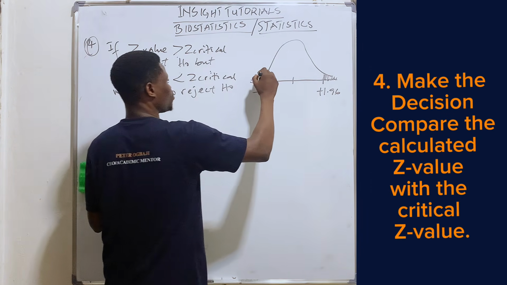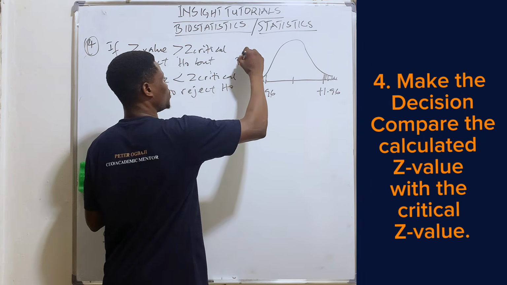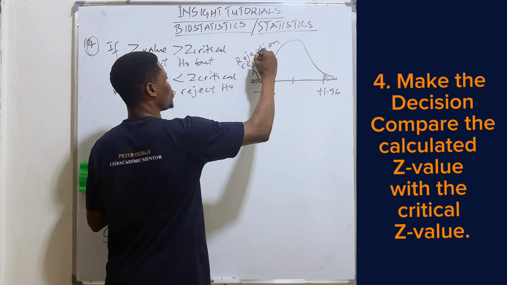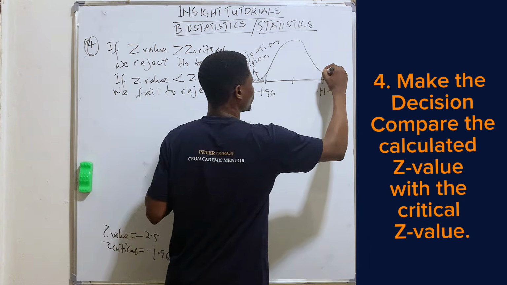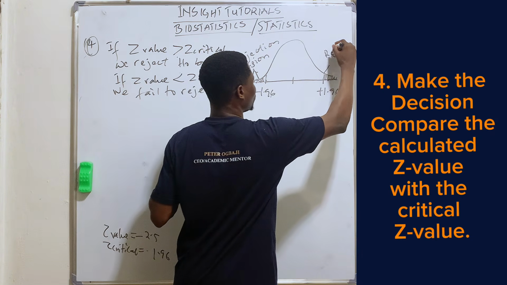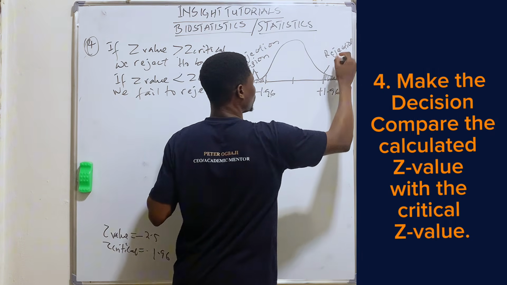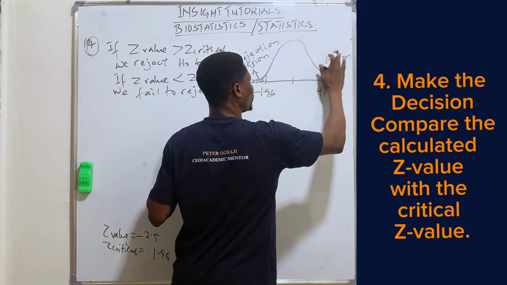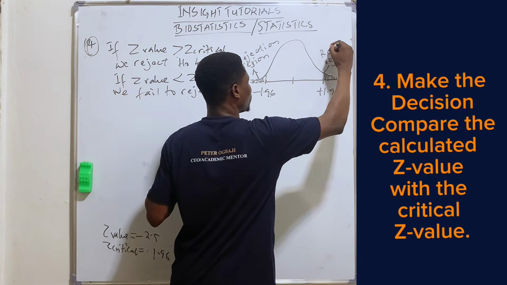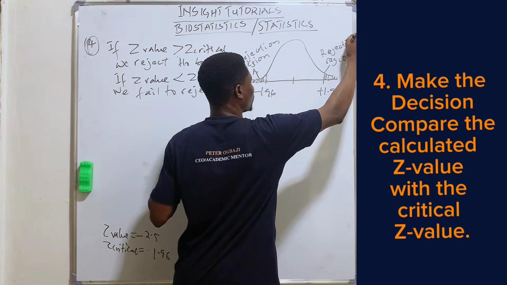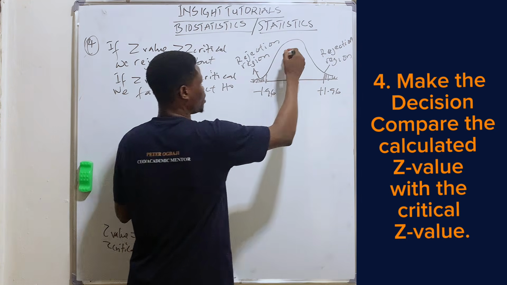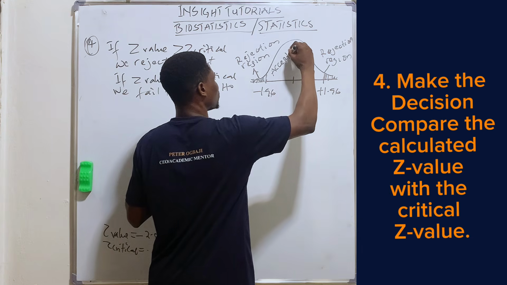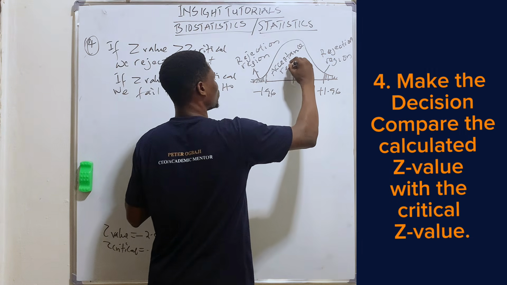Now, we call this point the rejection region. We call this point also the rejection region. Sorry for my writing. Rejection region. Now, this point is called the acceptance region.